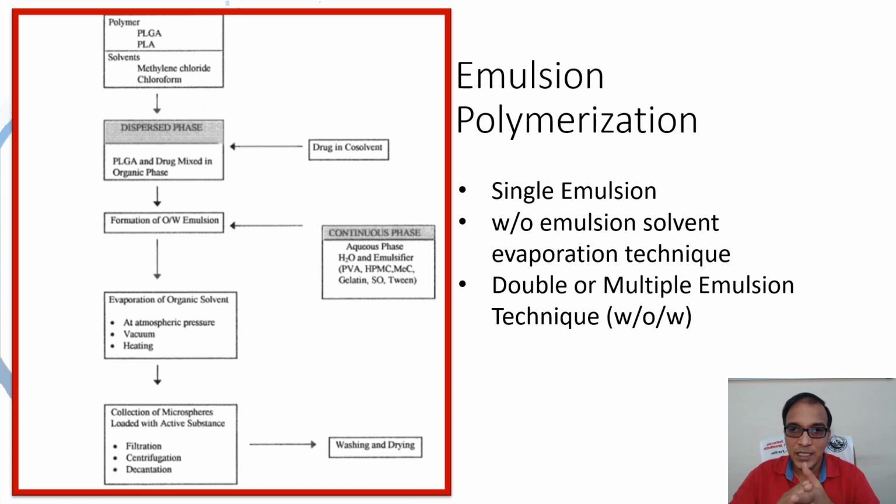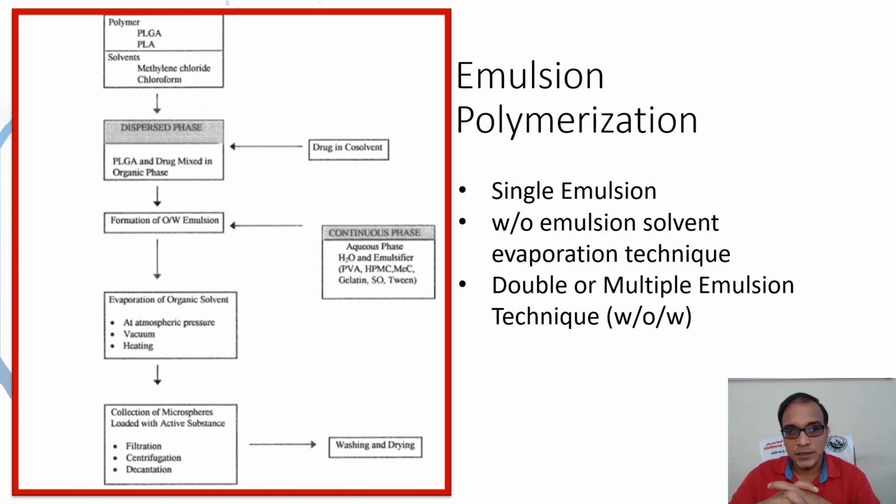Drug in co-solvent is added and a dispersed phase is prepared, and PLGA and drug are mixed in the organic phase. Then this dispersed phase is added to the continuous phase to form an O/W emulsion, oil in water emulsion. Okay, the continuous phase may be an aqueous one, and it may be mixed with emulsifiers like PVA, HPMC, and gelatin.